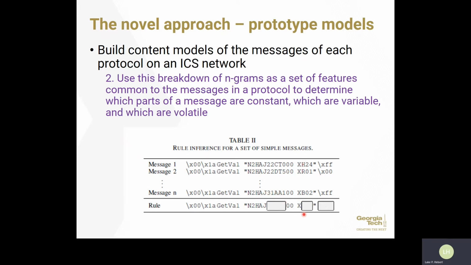And then same past X, this is variable data. And then this is also apt to change. So we make a rule here saying that for this protocol, we expect this data to stay the same up until this point. And then we might expect some differences here between messages, some differences here between messages, and some differences here between messages.